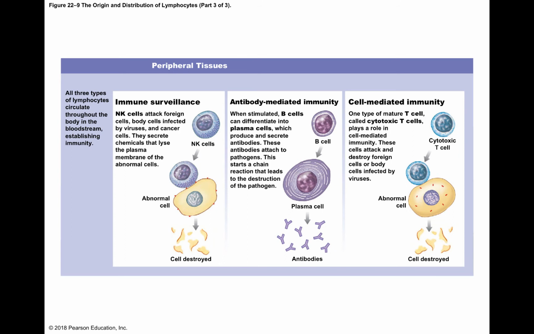Then we have the B cells. The B cells are part of the antibody-mediated immunity. And the reason why we call it that is the B cells are very specific.